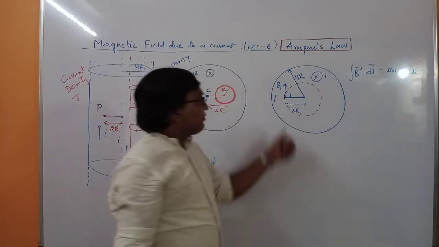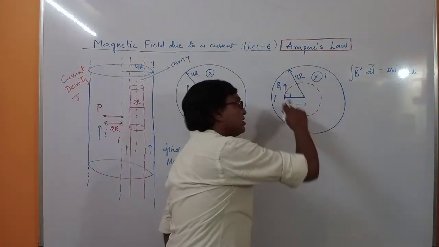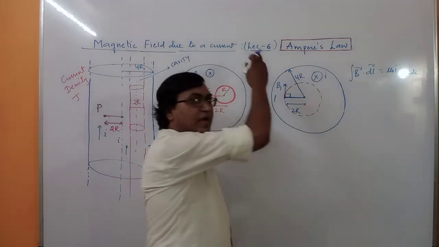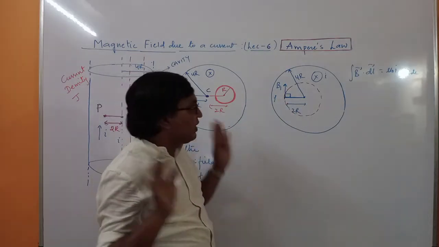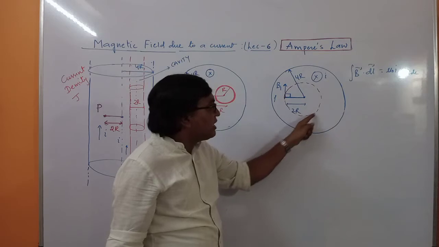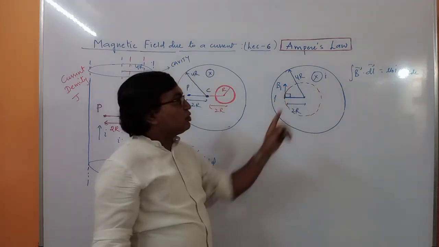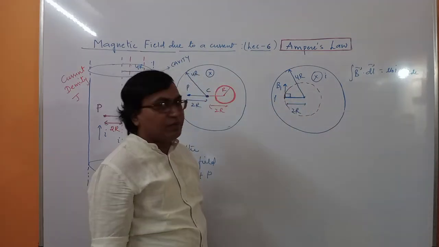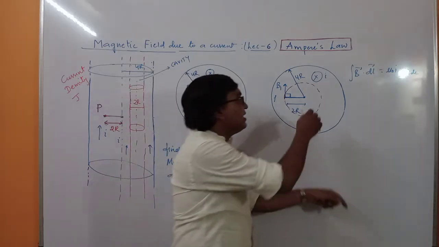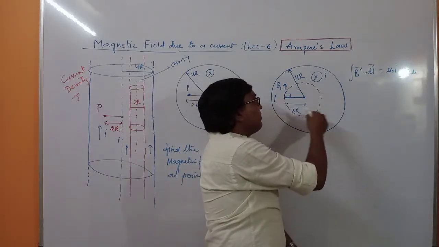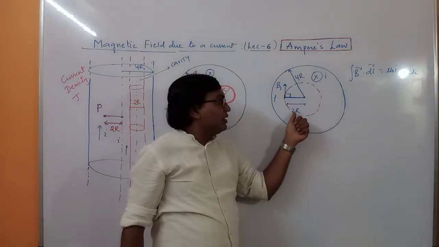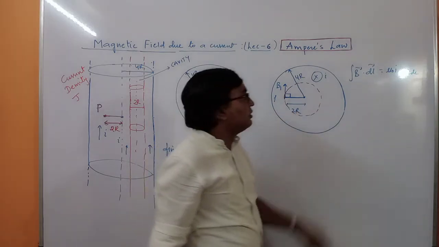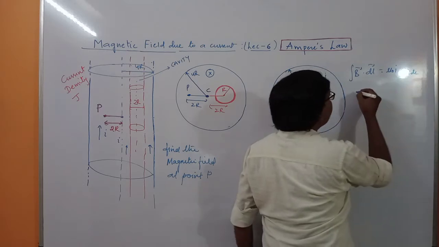The magnetic field vector, and we will be travelling this Ampere's loop along this direction, so the magnetic field vector and the dl element are in the same direction. So cos 0 is 1, and the magnetic field is constant everywhere on this loop. So take B out of the integral, and dl gives the length of the Ampere's loop, which is 2 pi into radius. The radius is 2r.